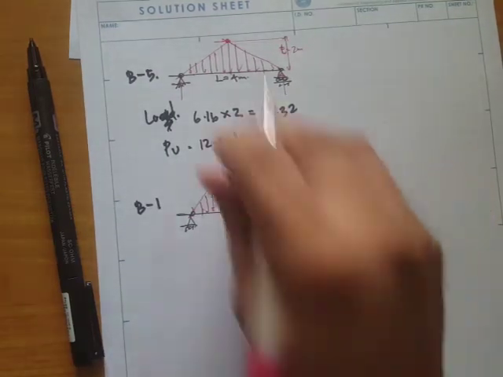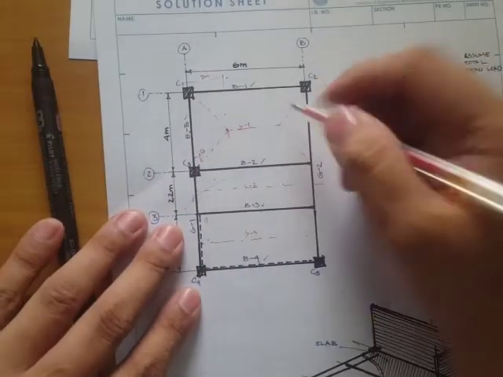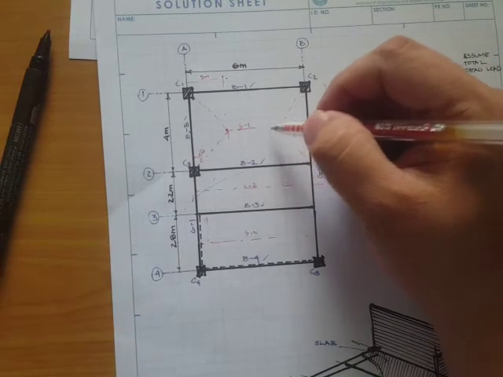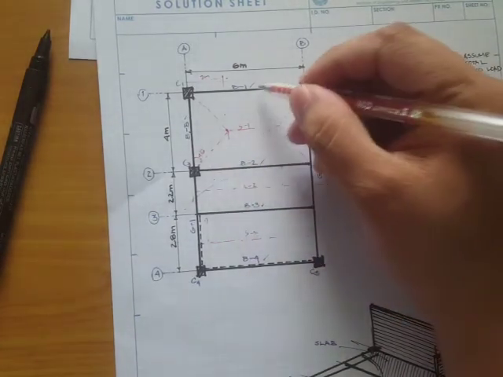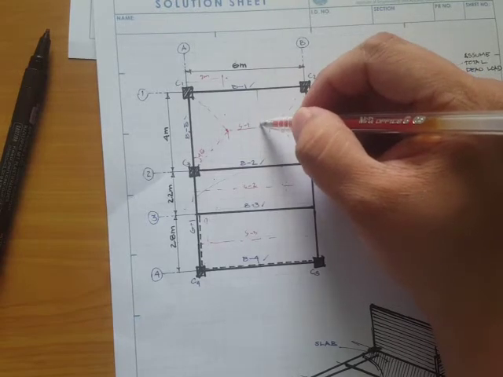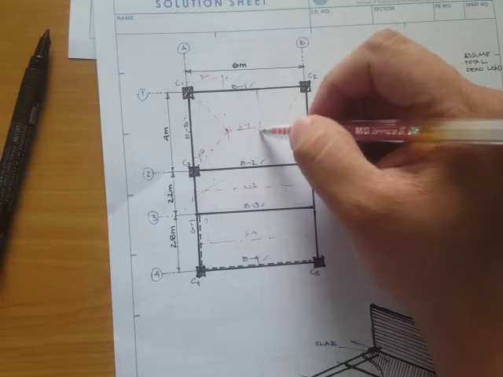Again, the distance from this beam-1 to this point, although it's not really the tributary width, is just LX divided by 2, which is 2 meters.